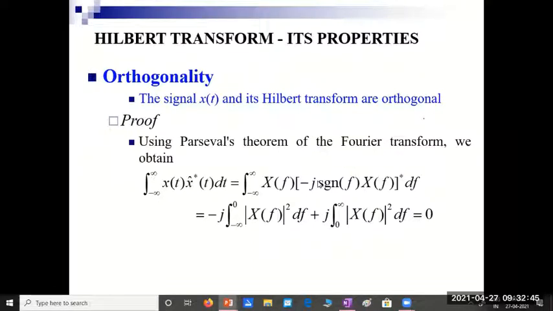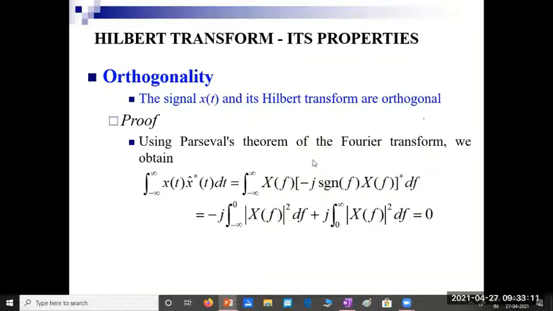Please observe this carefully. Signum function is there, and signum function is defined for positive frequencies as +1, for negative it is -1. That's why we are dividing this integral between negative frequencies and positive. We are splitting it into two parts, so we are taking care of the signum.